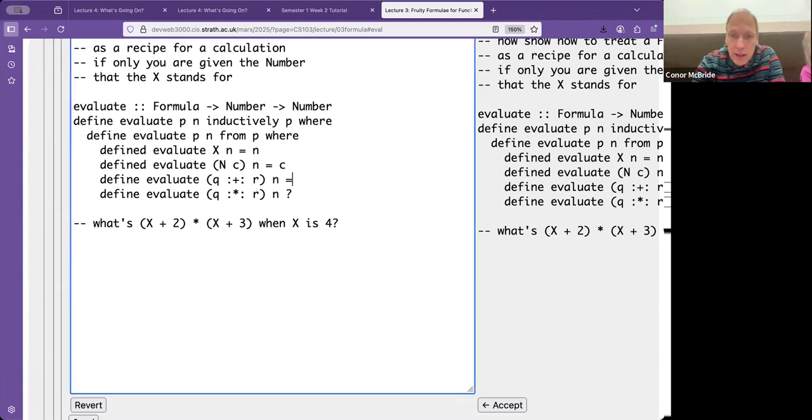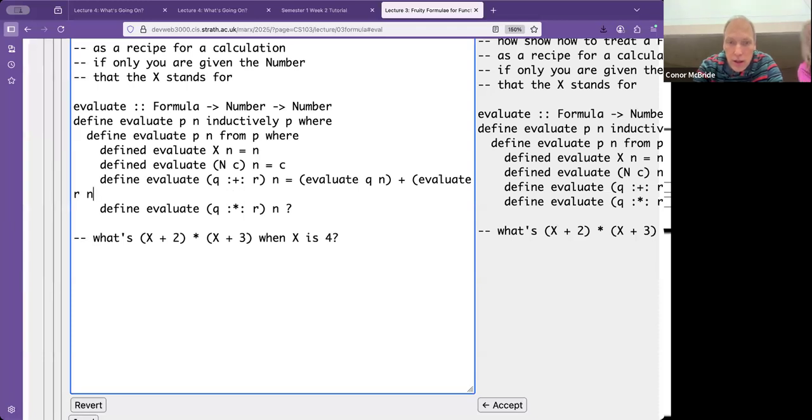We are allowed to evaluate Q, and we are allowed to evaluate R because they're smaller than P. And we said inductively on P, so we are entitled to evaluate simpler formulae than P. And we figured out that P is Q plus R, or P is Q times R. And let's do multiplication as well.